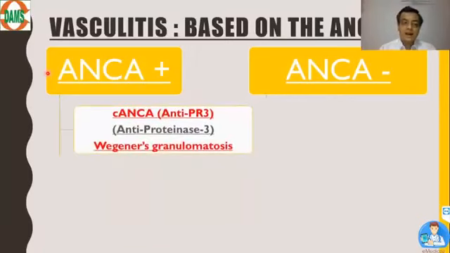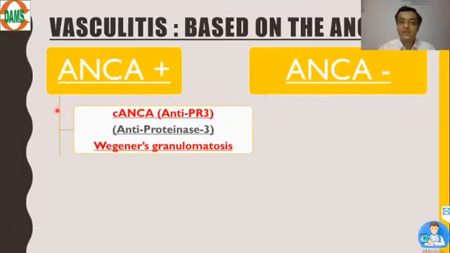Under the heading ANCA positive, we can further subclassify based on whether C ANCA or P ANCA is present. So within the ANCA, there are two subtypes, the C ANCA and the P ANCA, based on which we are going to subclassify the disorders.